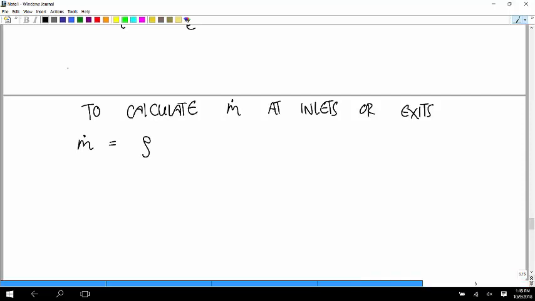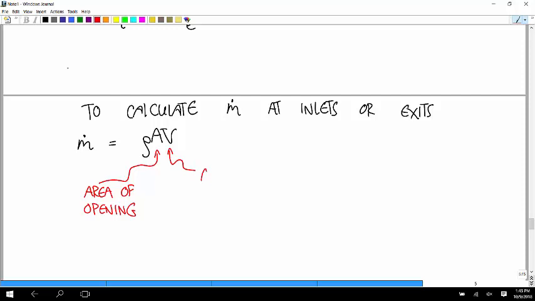It's the density times the area of the opening, the area of the inlet or the exit, times V, and be careful, this V is, okay, so this A is the area of the opening, and this V isn't the volume.